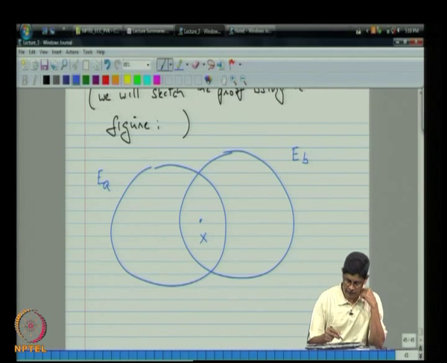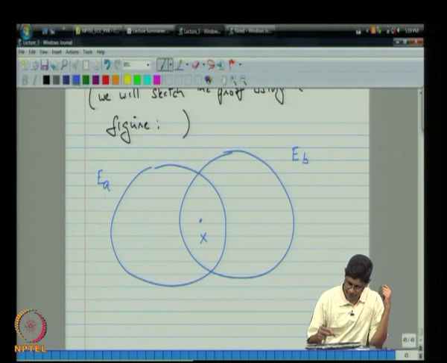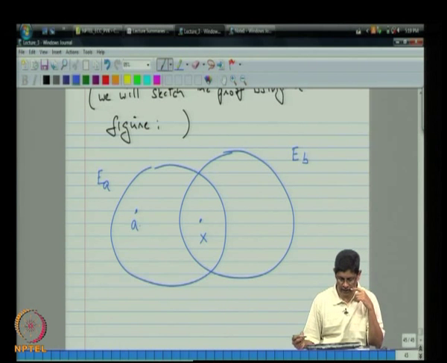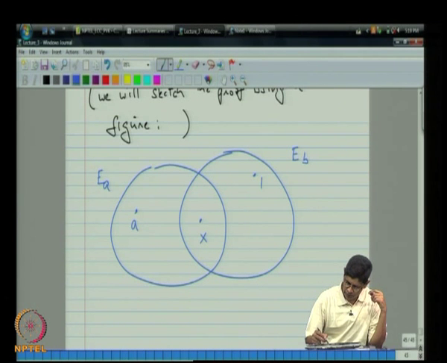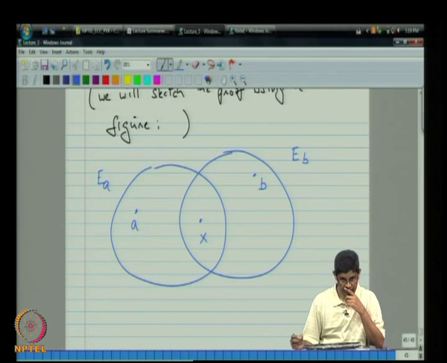Now, this is the equivalence class of A. So, certainly by the reflexive property A belongs here, and we know that B belongs here. All right. So, what this figure seems to suggest is, is it possible that they can have some elements in common without being the same? Okay. So, these are elements in common.